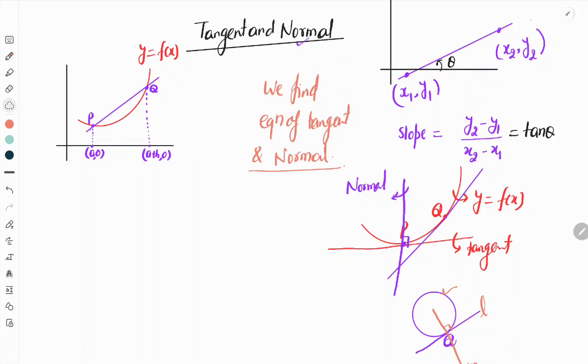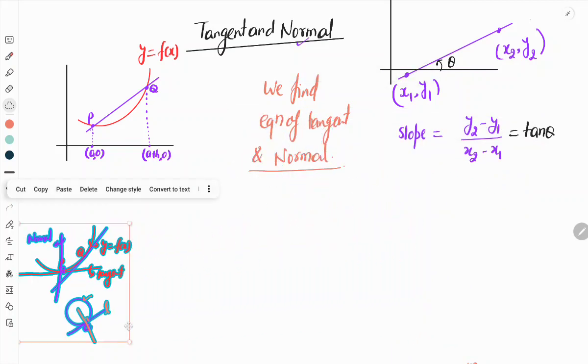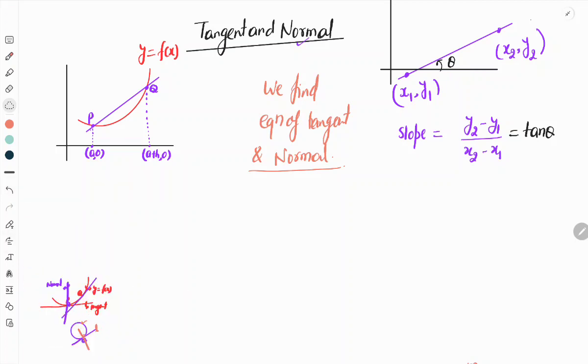One more thing I told you, that if a line is passing through 2 points, let's say this is point A and this is point B, A coordinate is given as x1, y1, and B coordinate is given as x2, y2, then the slope of the line is equal to (y2 - y1) / (x2 - x1).